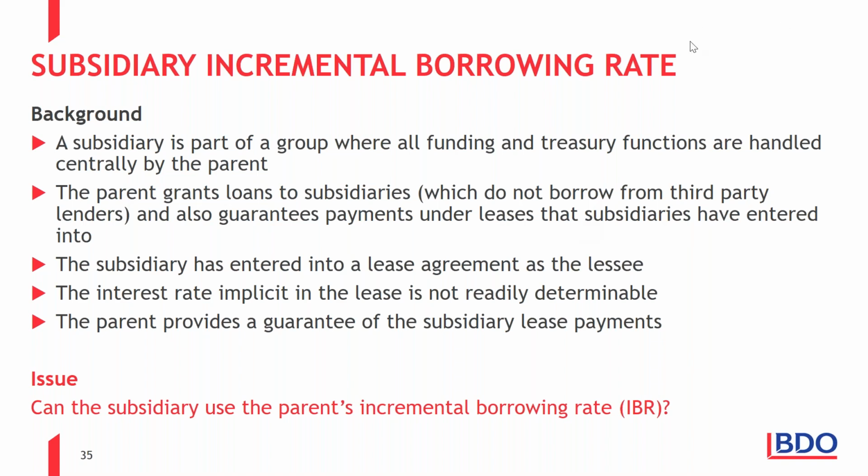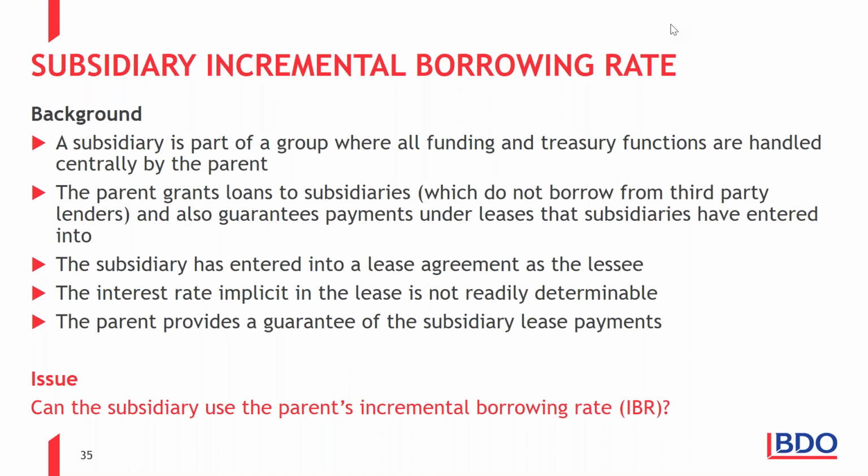You need to group leases that have similar durations and similar types of assets. So New York in the US would be a different market and different portfolio to, say, something in the Midwest. The only thing that I would say about subsidiaries is to be aware of whether or not there is a guarantee by the parent of the group that is provided to the subsidiary.